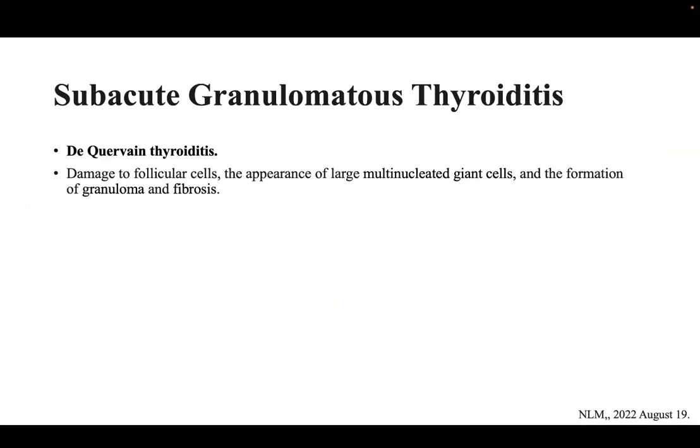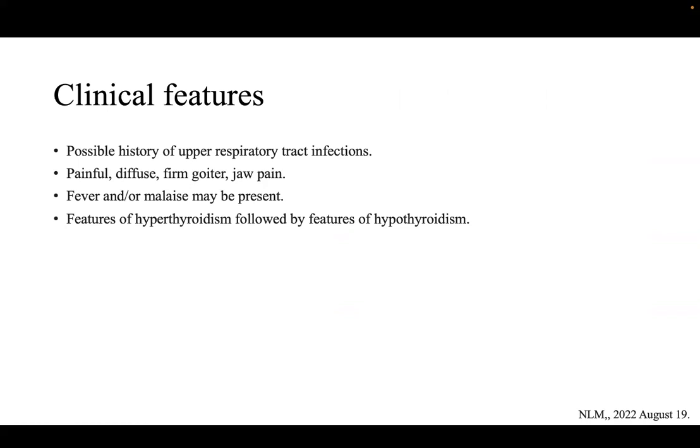Yes, sir. So then you have subacute granulomatous thyroiditis, which is also known as de Quervain's thyroiditis. This is characterized by damage to follicular cells, and there will be the appearance of multinucleated giant cells here, and there will be formation of granuloma and fibrosis as well.